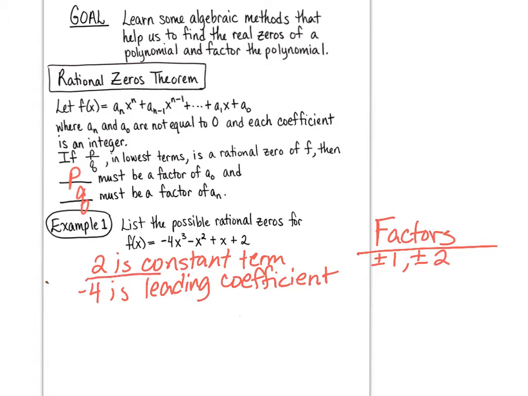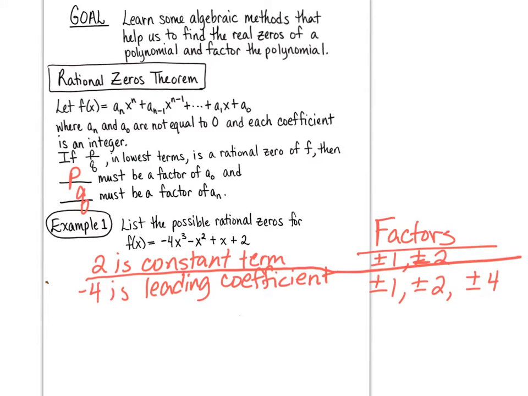What are the factors of negative 4? Plus or minus 1, plus or minus 2, and plus or minus 4. Good.